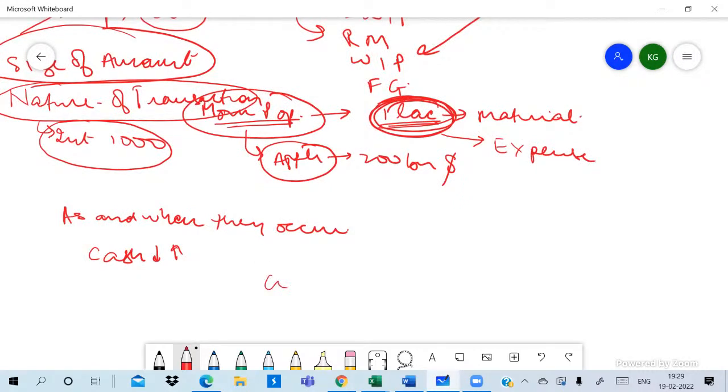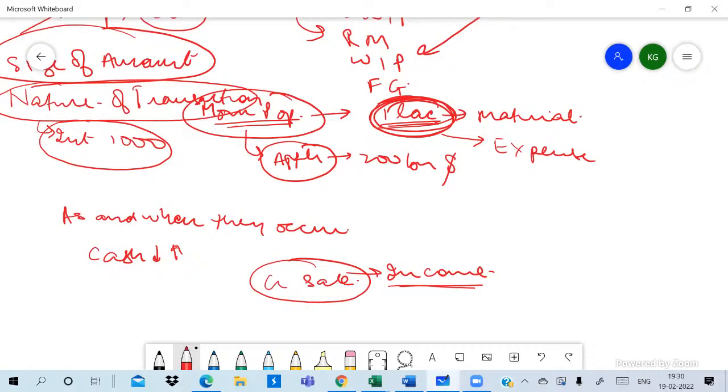So it's a credit sale for me. It's not a cash sale for me. But still, I will record this as an income. I will not wait for the next month when you pay me the cash and the money comes in. I will not record it as an income then. I will record it as and when the transaction happens without waiting for money to come in or go out. So that's your accrual concept.